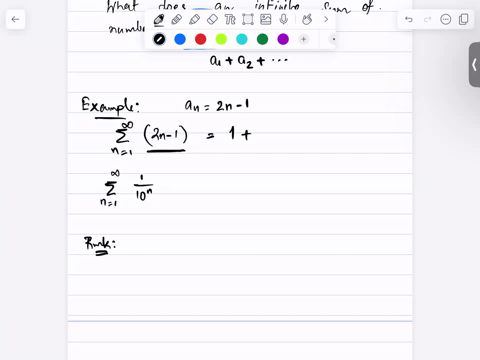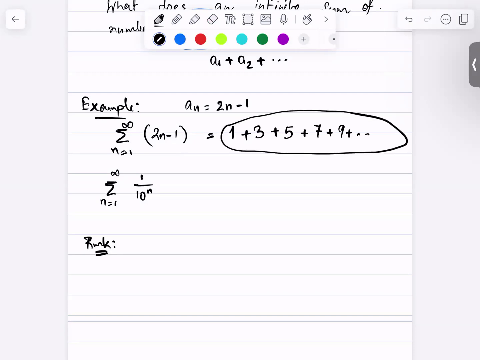For n equal to 2, my second term of the series will be 3. The third term is 5, the fourth term is 7, then 9, and so on. So instead of this sum, we just write this short notation, which is easy and convenient to use.